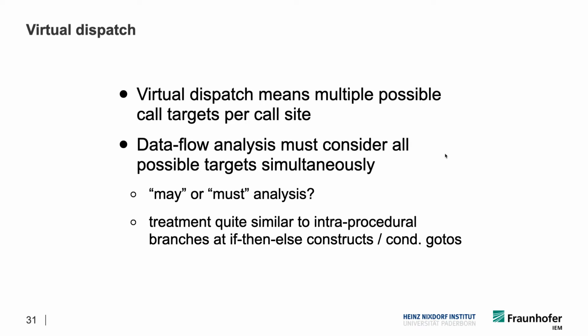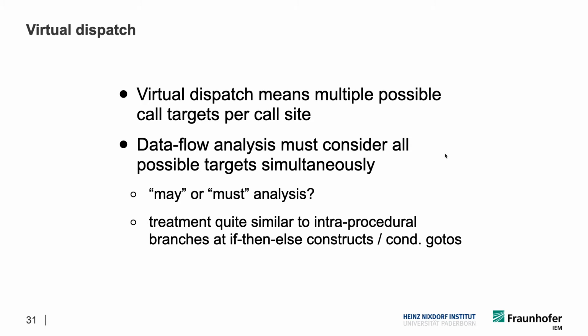But now let's say we're doing a must analysis. So we only want to issue a warning if there is a data leak for sure. If we know without any doubt at all that this data will be leaked. Now it's different, right? If you have multiple different callees at the same call site, then we only know for sure that the data will be leaked if all the potential callees leak it, right?